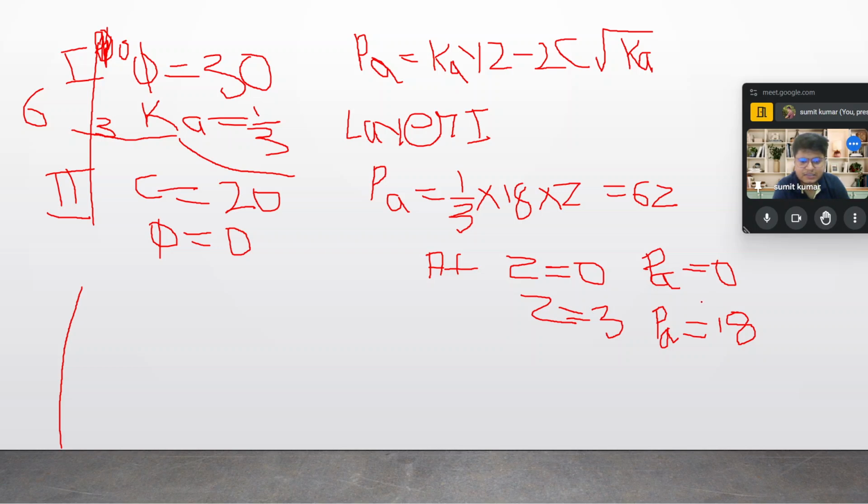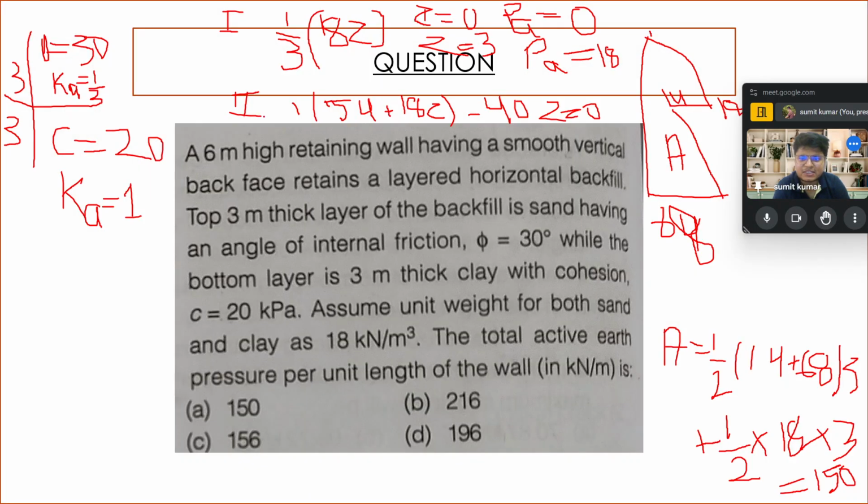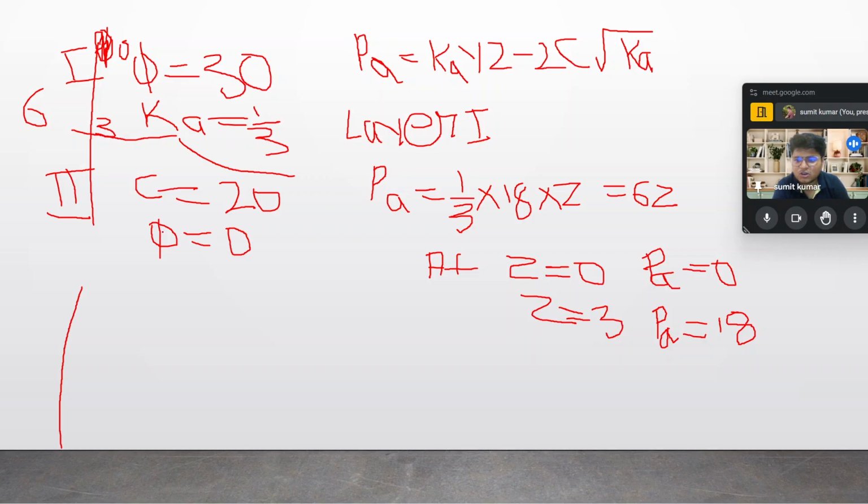Yes, sir. Okay, and for the second layer, have you understood, or shall I explain that as well? Sir, I can clear it now. Otherwise, I can explain. You see, for the second layer, when we write K gamma Z, the K value is 1, because the value of phi is 0. For phi equal to 0, K is going to be 1, right?